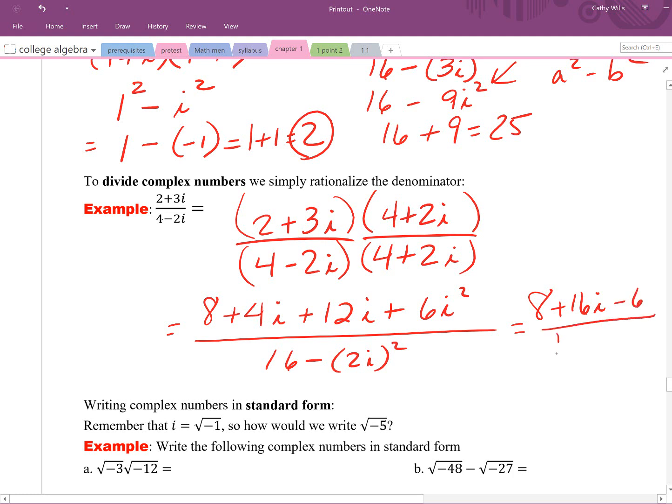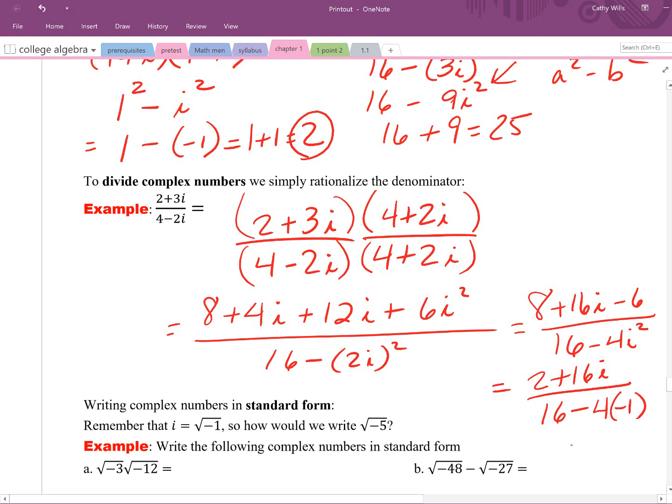And then on the bottom, you've got 16 minus 4i squared. So on the top, 8 minus 6 is 2, so you've got 2 plus 16i on the top. On the bottom, you've got 16 minus negative 4, because i squared is negative 1. So that's 4 times negative 1 on the bottom.